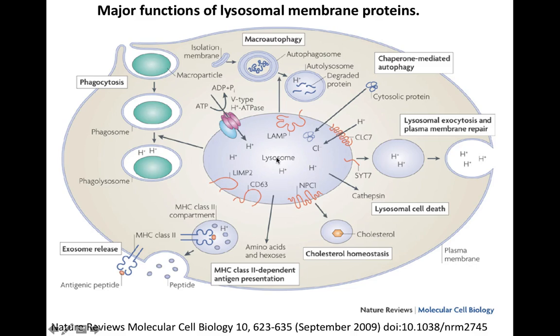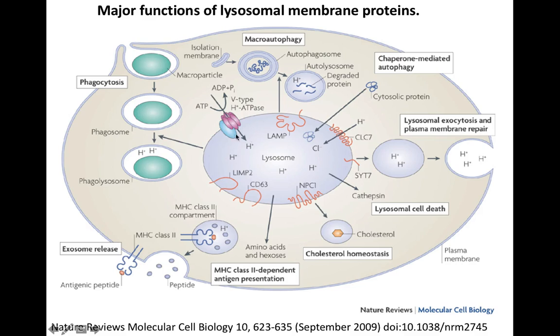So these LIMPs, which are lysosomal integral membrane proteins, perform their function in import of newly synthesized hydrolases. These enzymes are synthesized either by the free ribosomes or by the ribosomes on the endoplasmic reticulum, and then they are transported into the lysosomes. So these integral membrane proteins help the lysosomes take in these newly synthesized hydrolases.